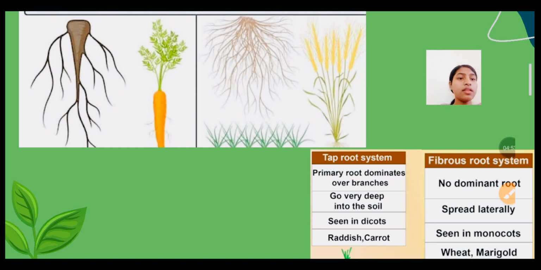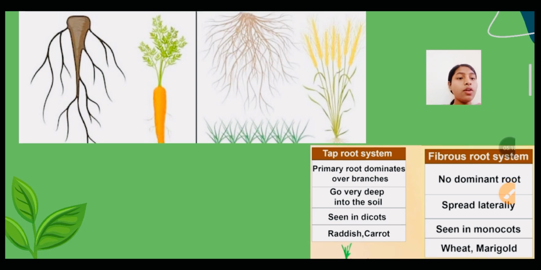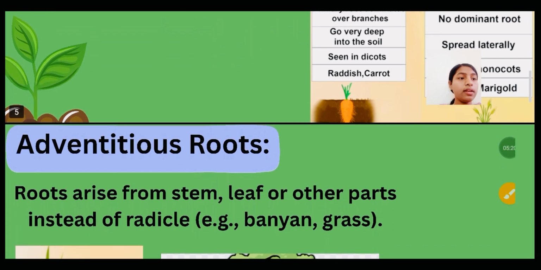So this is the difference. In fibrous root system, you can see the root is spread like a bunch of threads, and in taproot, this carrot has a thick main root. So these are the differences. I hope you all understood that.